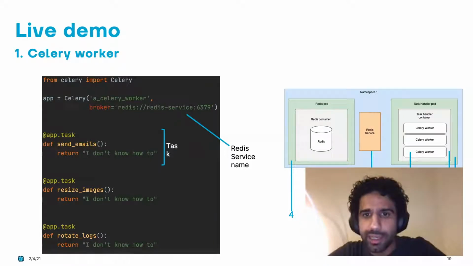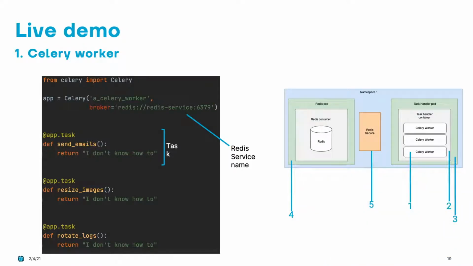Let's take a look at number 4. So the number 4 is also a pod, but this is the Redis pod. So basically, to run this task handler, we just need 2 things: a queue where we put the tasks and a worker which takes and processes these tasks. The Redis pod also contains a Redis container, and the container inside it contains the Redis database and the process running.